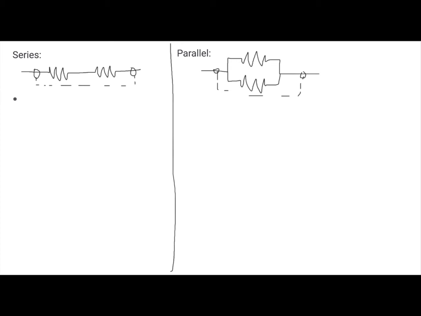For circuits in series, it's quite easy. All I have to do is add up the resistance of the first resistor and the second resistor.